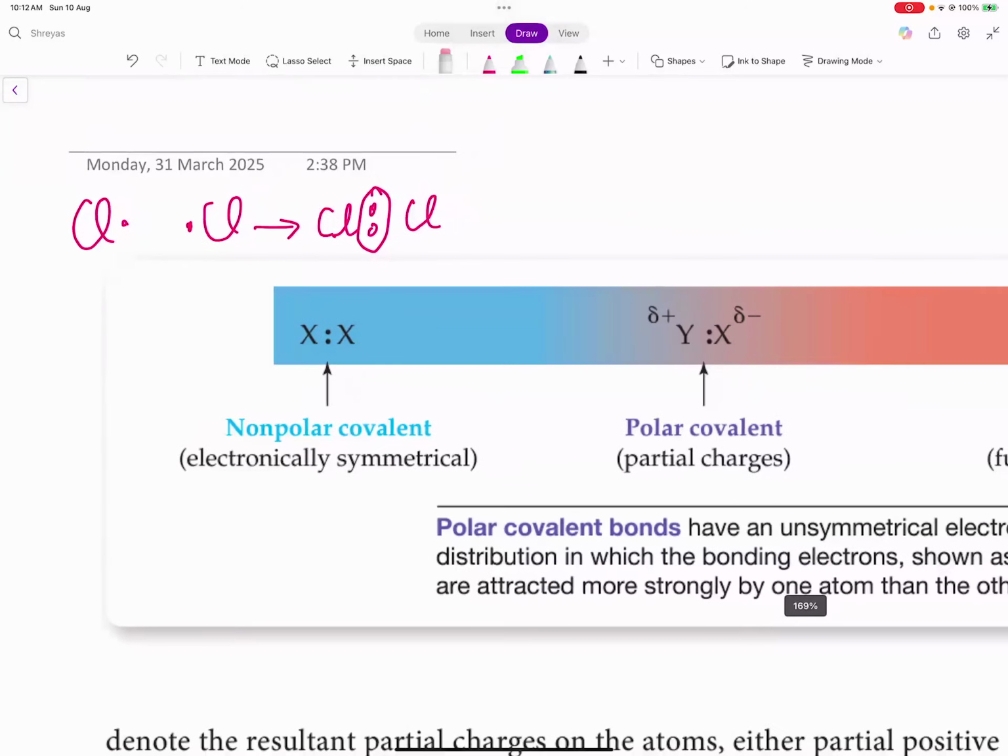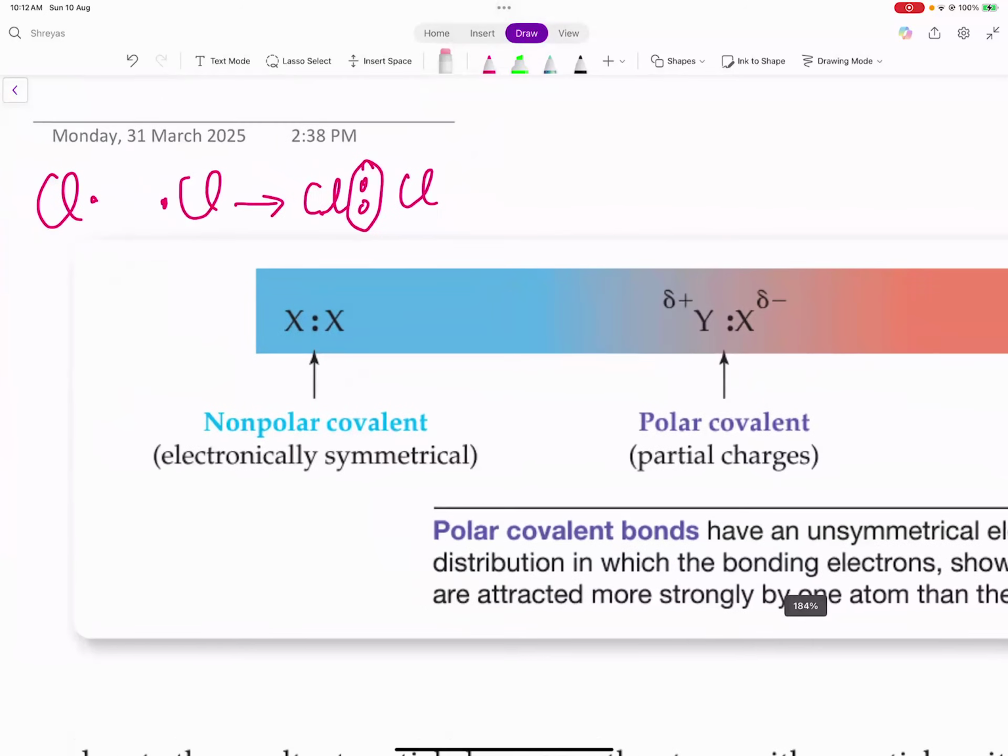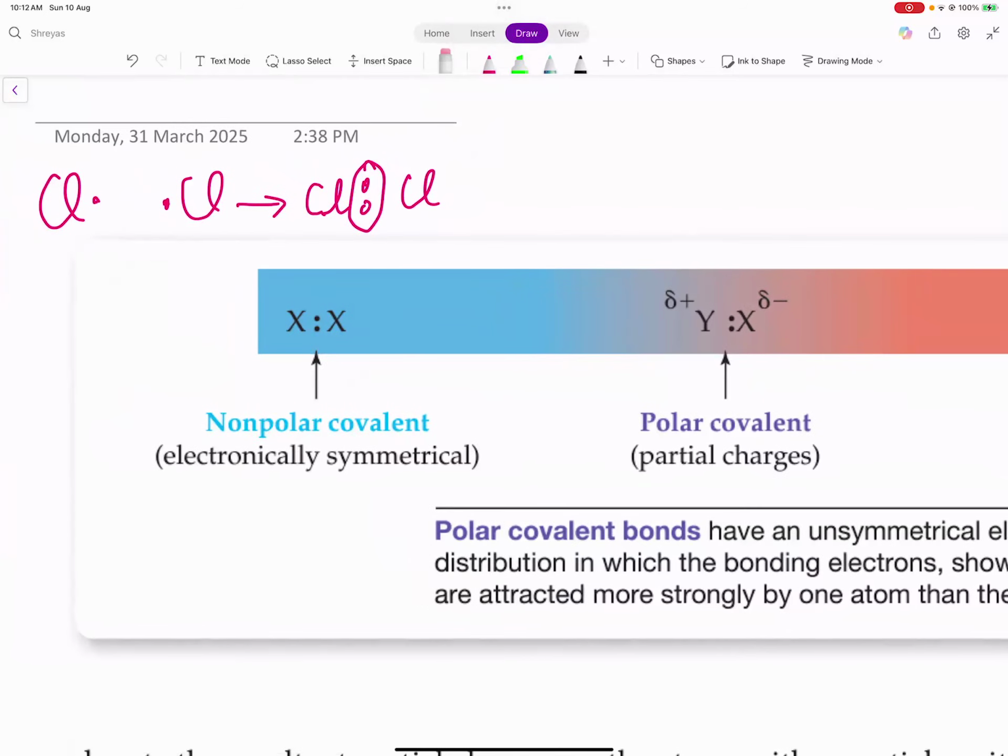Now here, what has happened? X is the prime minister. Y is the chief minister, X is the prime minister. They make a cake. So who will eat the larger portion of the cake? The prime minister. The prime minister will eat the larger portion. See, it is shifted toward the prime minister if you look carefully.